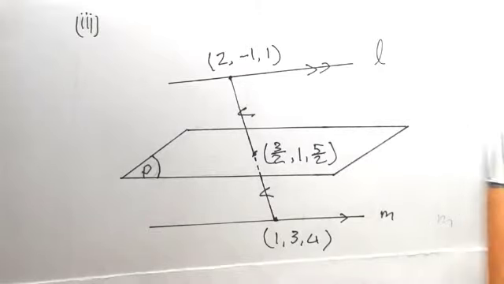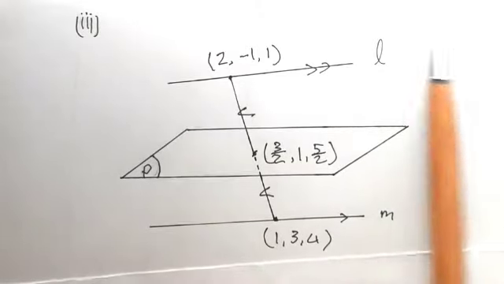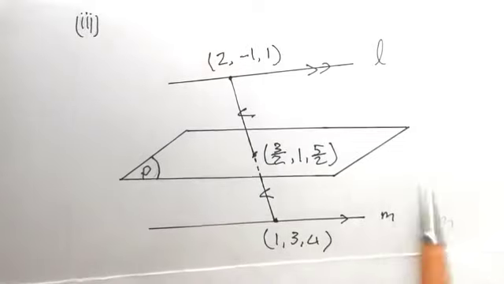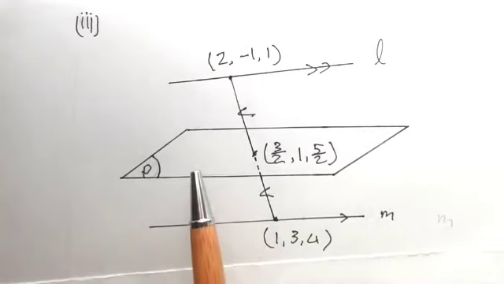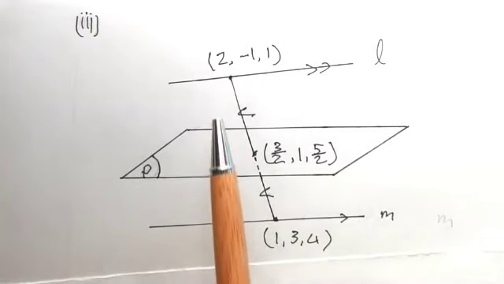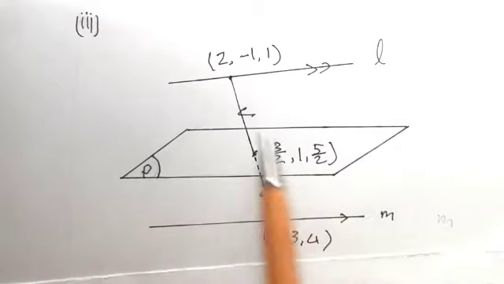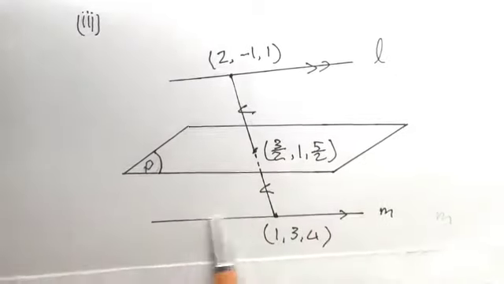I try to illustrate here the position of line L, line M, and the plane P. Thus the plane P is equidistant from this line and that line.